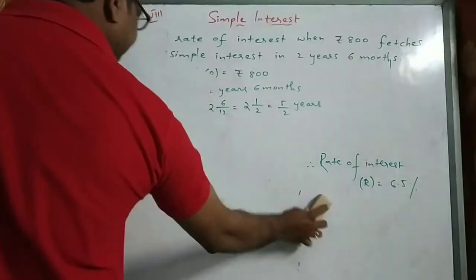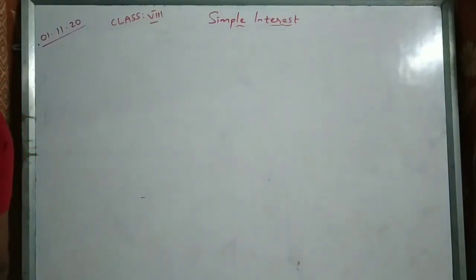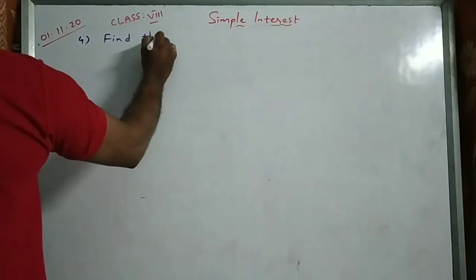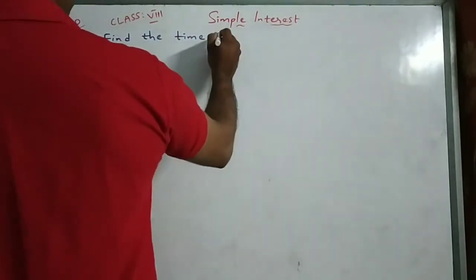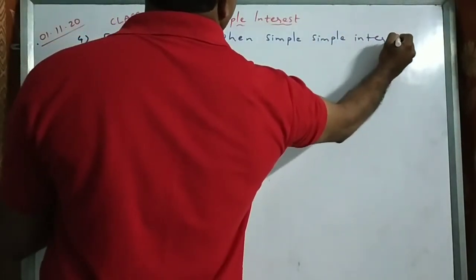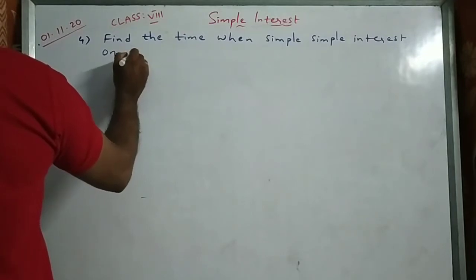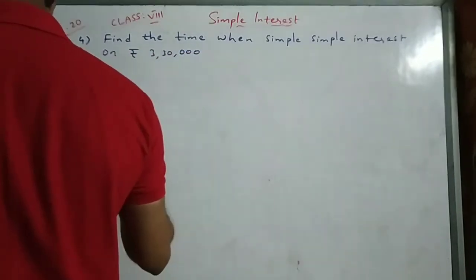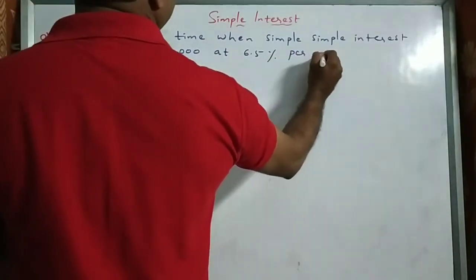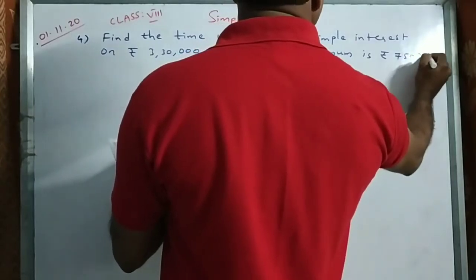Fourth question. Find the time when simple interest on 3,30,000 at 6.5% per annum is rupees 75075.